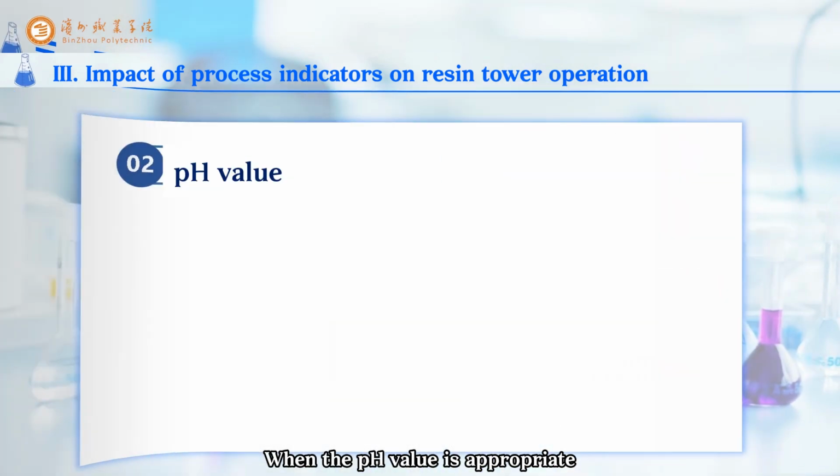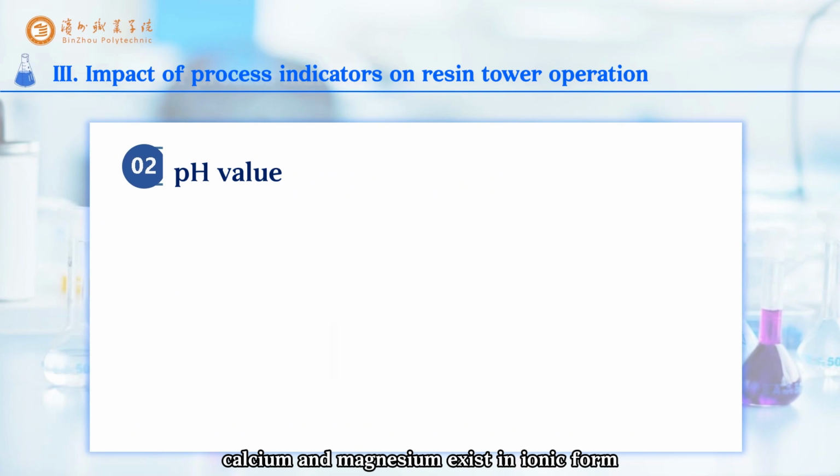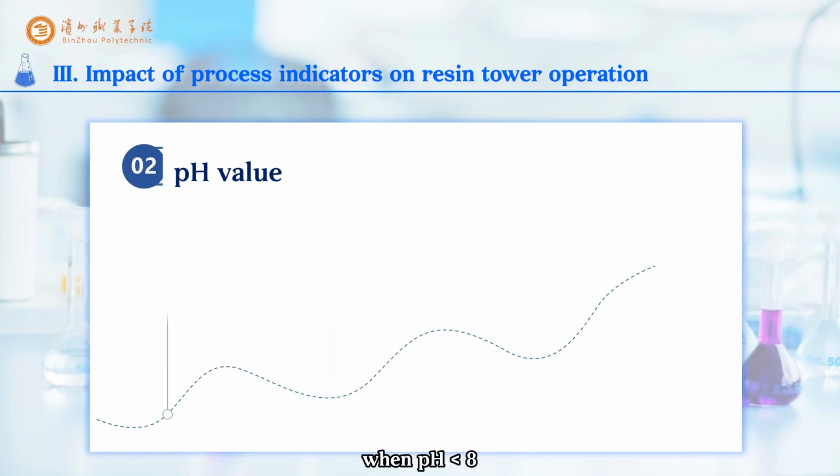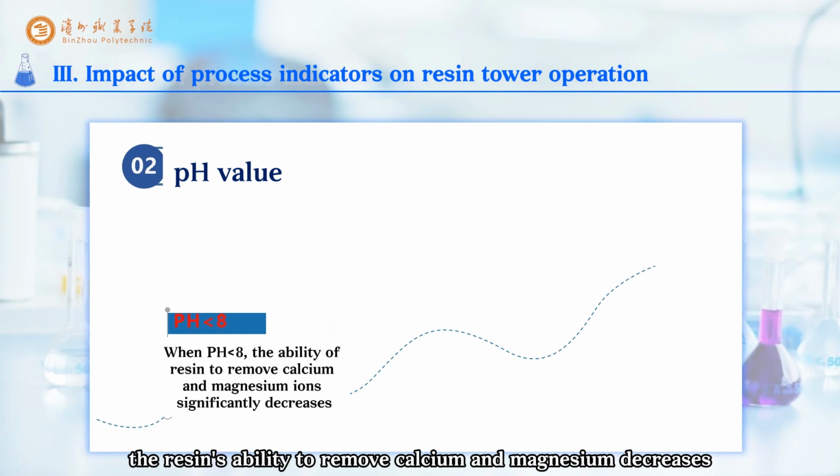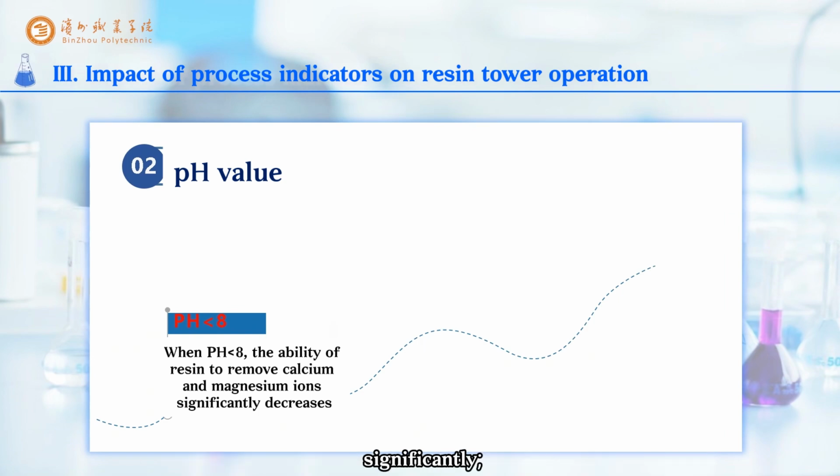pH value. When the pH value is appropriate, calcium and magnesium exist in ionic form, facilitating chelation and removal by the resin. When pH is less than 8, the resin's ability to remove calcium and magnesium decreases significantly.